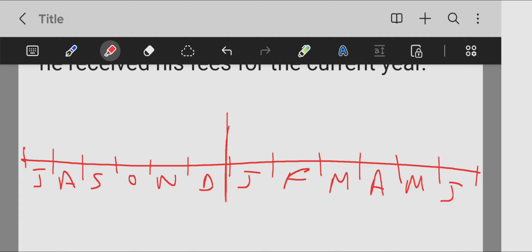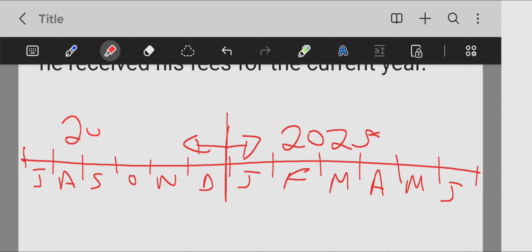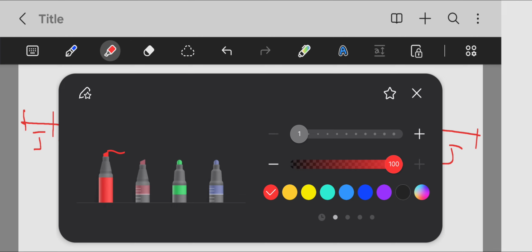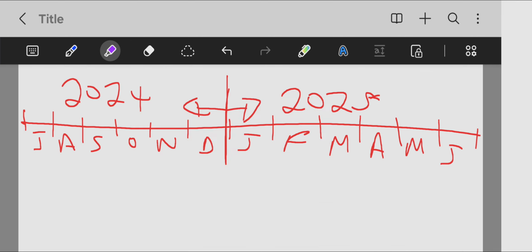From here to this direction, it's 2025. From here to the other direction is 2024. We are told that at the beginning of the year, we have two directors.